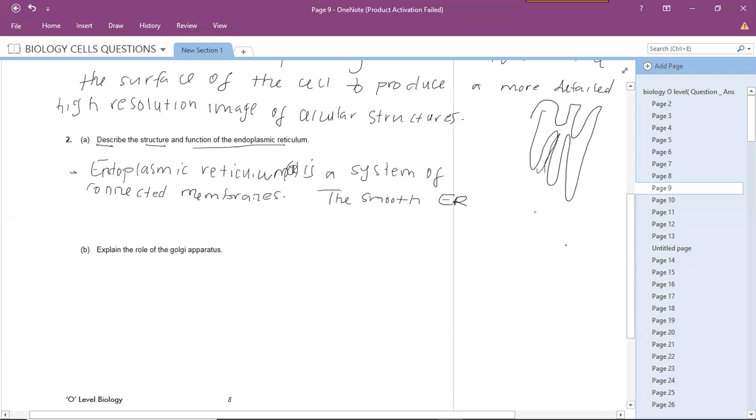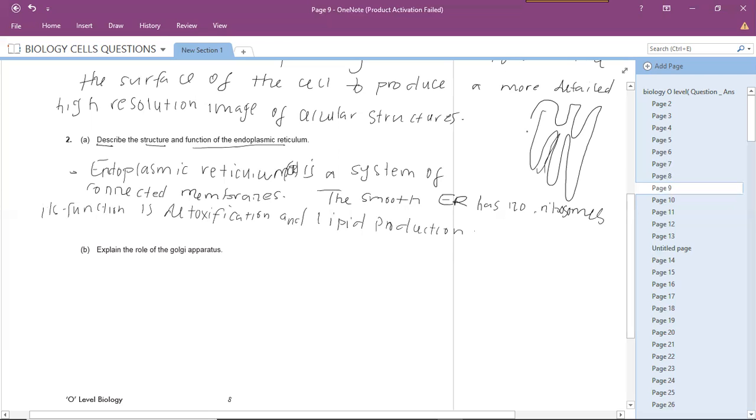So the smooth ER has no ribosomes, its function is detoxification and producing lipids. It also produces lipids that are needed in the cell, so lipid production.